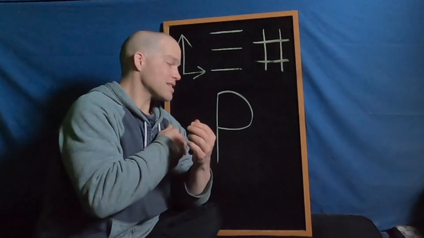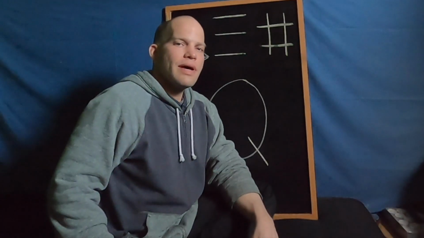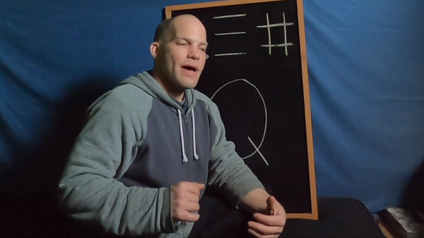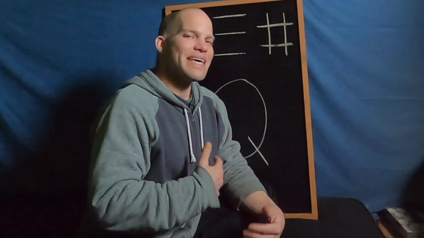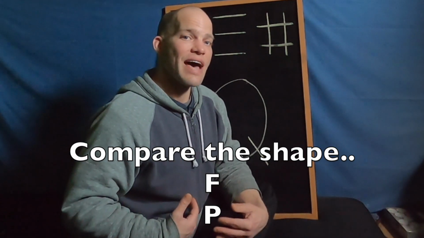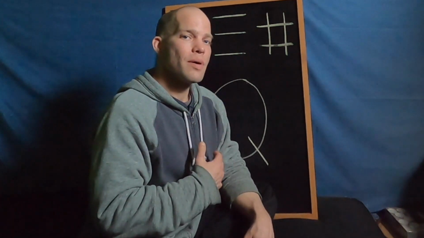So, next letter, Q. As an interesting little thing to say before we go to Q, the letter 16, P, is the top lip. 6 is F, the lower lip. Both have a flat tongue.